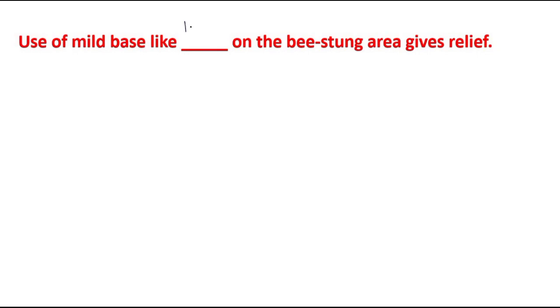The use of mild base on the bee stung area gives relief because the bee stung area is affected by a liquid known as formic acid. See, in order to neutralize it, we should apply baking soda or calamine in order to get relief from that bee sting. Bee sting is having an acid and baking soda is a base.